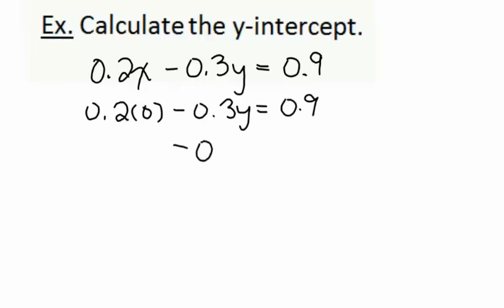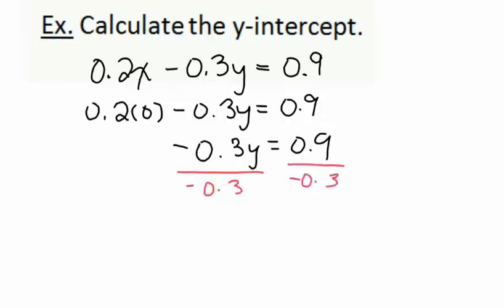Once we do that, we're going to be left with negative 0.3y equals 0.9. And we could finish off by dividing both sides by negative 0.3. This is going to leave us with y equals negative 0.9 over 0.3.